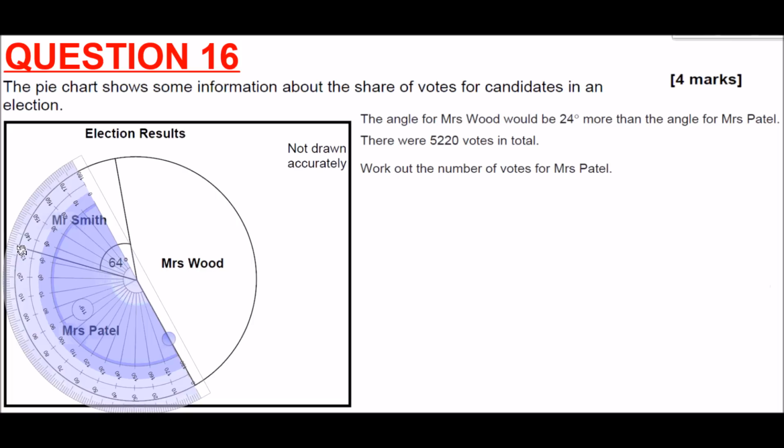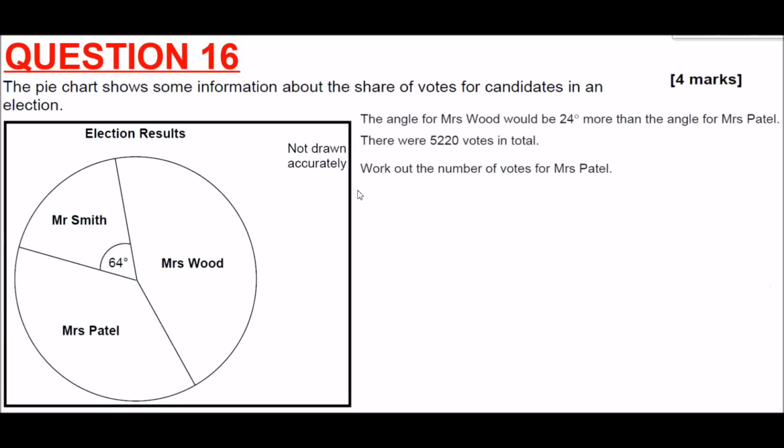It's between 130 and 140. And so we know the angle for Mrs. Patel. I mean, that looks to be about 135 to me, but let's go with 130 for now. So if we go for 130, we've got a starting point.